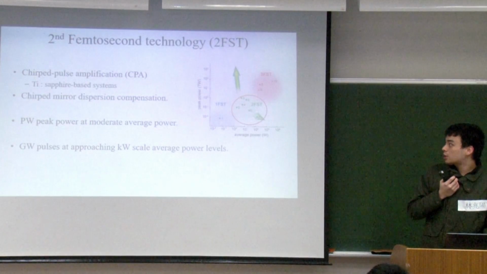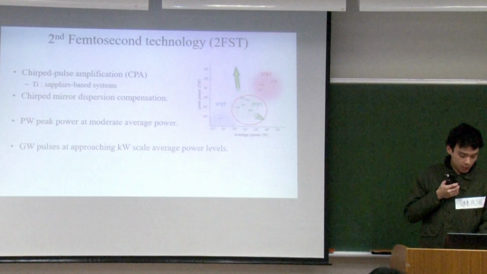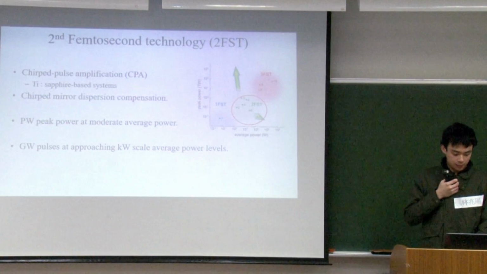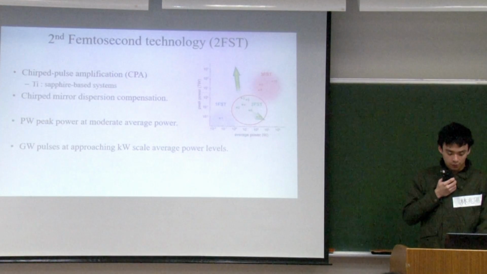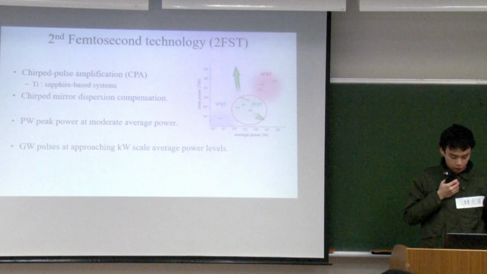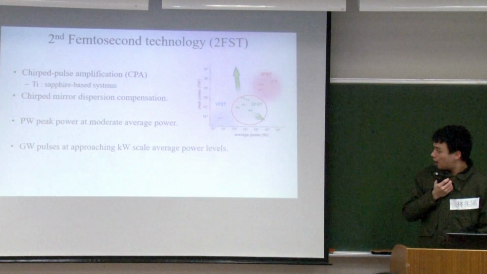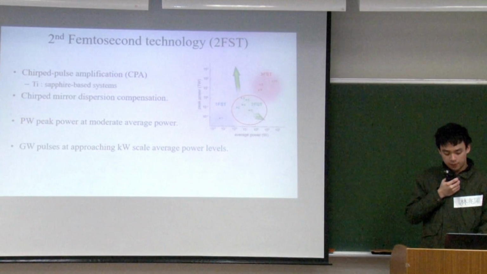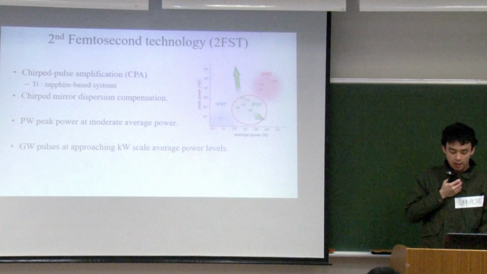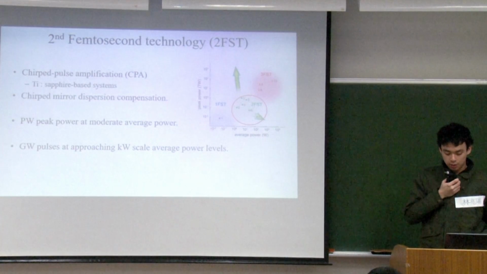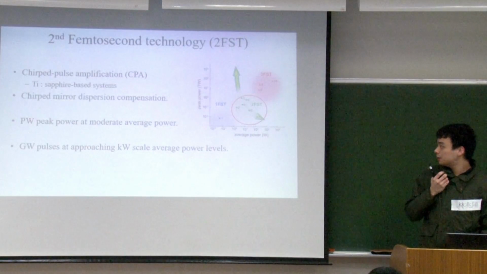The second generation FST is based on chirped pulse amplification, CPA, particularly in titanium sapphire-based systems with chirped mirror dispersion compensation. It can generate petawatt peak power pulses at moderate average power and gigawatt pulses at approaching kilowatt scale average power levels.